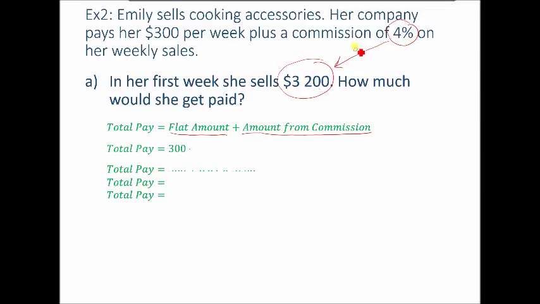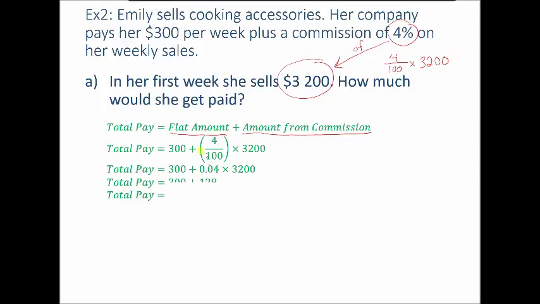So 4% of 3,200, well, 4%, we write that as 4 over 100 times 3,200. So plus, we're going to write that out exactly. 300 plus 4 over 100 times 3,200. Again, at this point, you could just chuck that in the calculator and be done with it. But just being a little more complete there, we can write that as 300 plus 0.04 times 3,200.